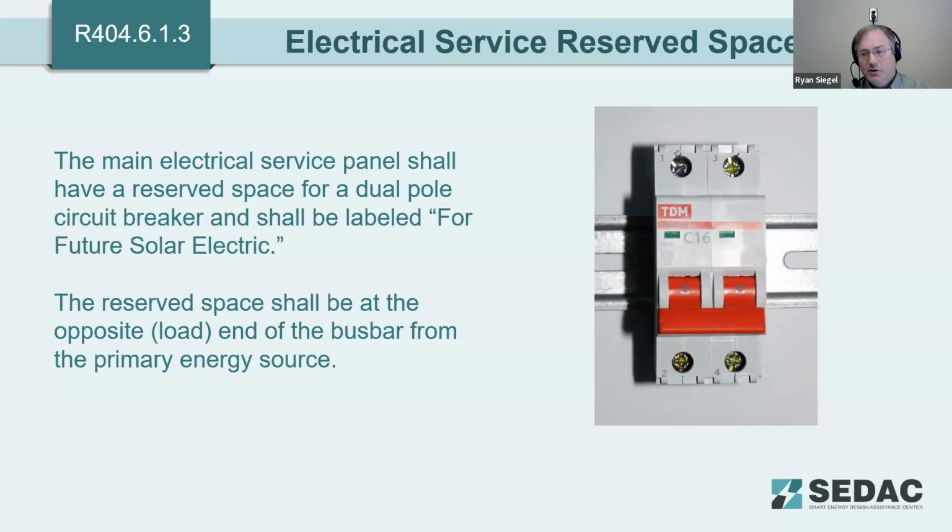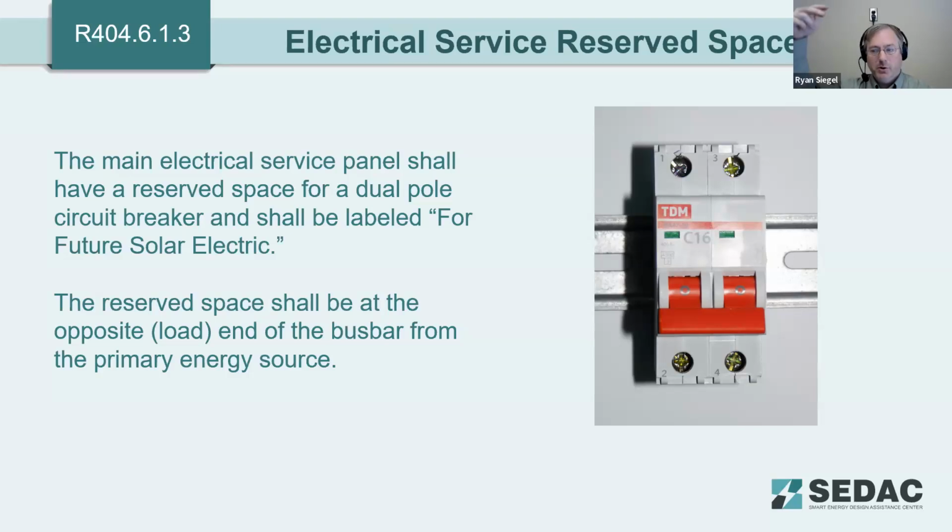If you have 2 for your stove, 2 for your water heater, 2 for your dryer, and now 2 for your solar or other renewable energy system, so we're up to 8 breaker spaces if you don't go ahead and put in the breakers right off the bat. And here they're even calling out practice for this to put the reserve space at the opposite end from where the feeder is.